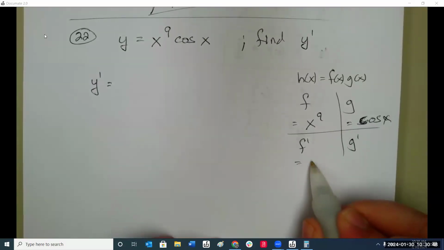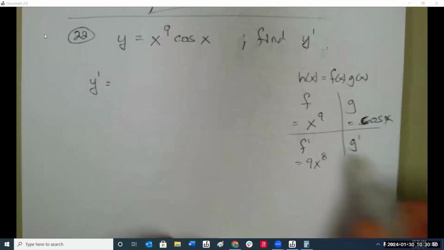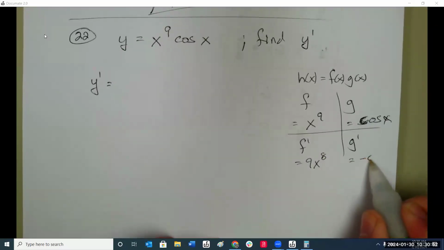The derivative of x to the ninth is 9x to the 8th. Cosine's derivative is negative sine.